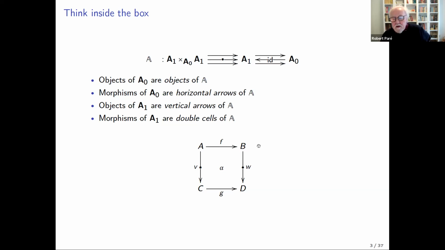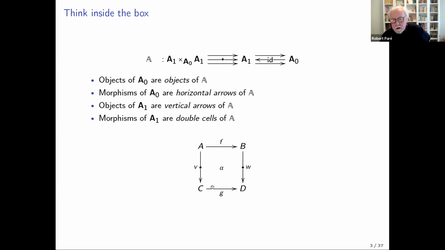And now the f's, of course, come from the category A, so they compose to give us a category. But the alphas, who are morphisms in here, also compose to give us a category. And the vertical arrows compose, and so do the cells compose, and you get associativity here in this definition.